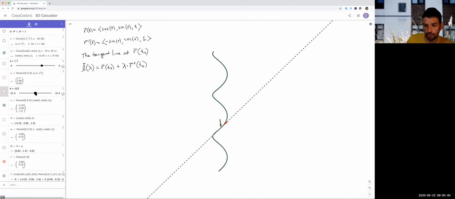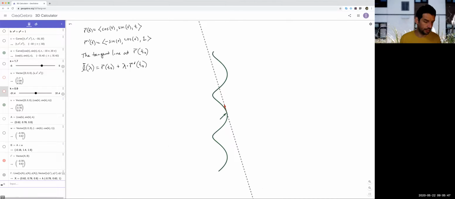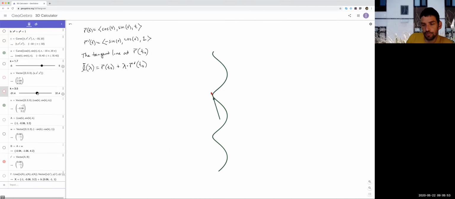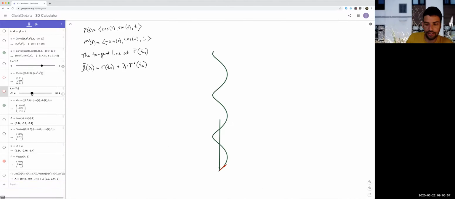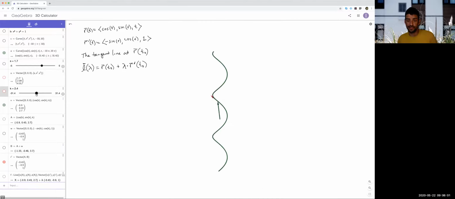I want you to notice one other thing about this particular vector function and its derivative. In some of the other ones we've looked at, as we move around the curve, that tangent vector changes size. This one doesn't appear to.